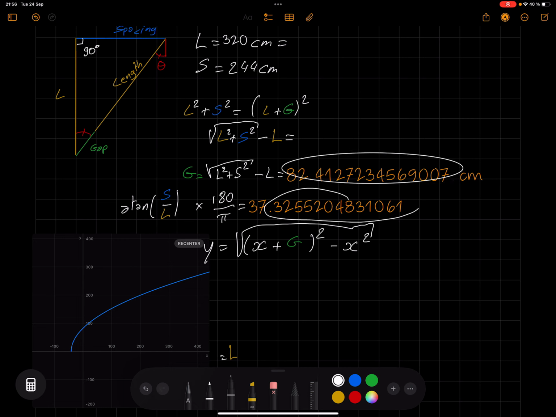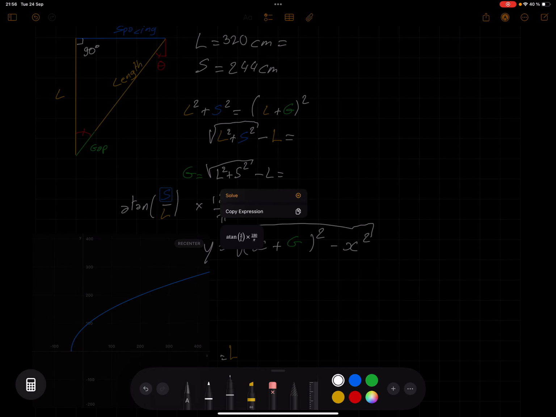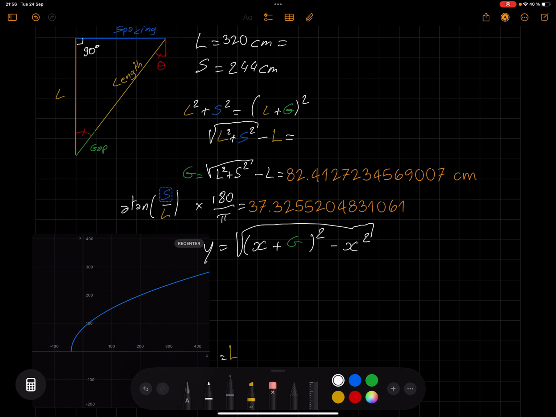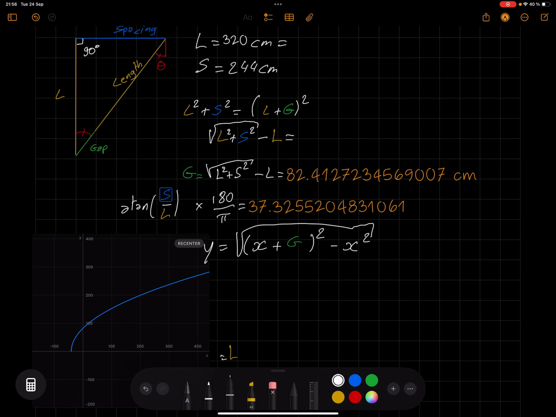And for the angle, it's very important to keep this after. Come on, it just makes no sense. And now I just lose it, so I can put here solve, and solve. No. Okay.